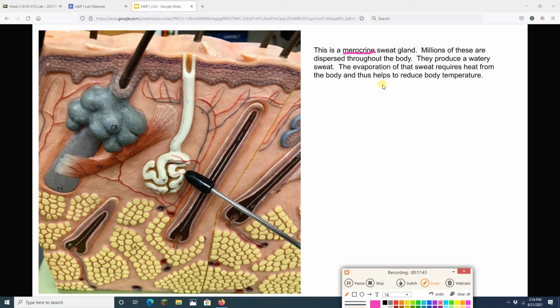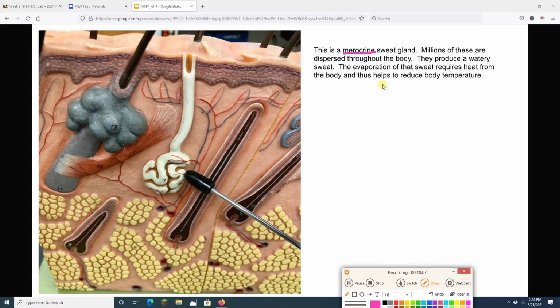You have millions of these over your body. They make sweat, obviously. They're actually always making sweat. You're always making some sweat. Normally, that sweat just evaporates. It's when you're getting really hot that you actually become aware of that perspiration.